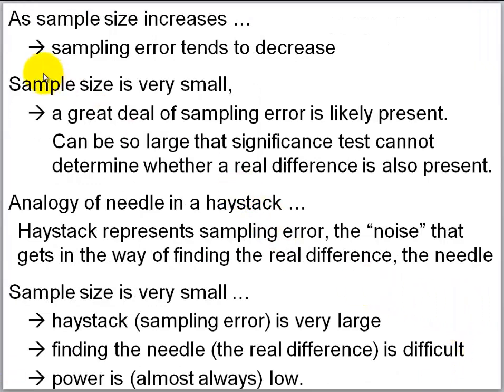Statistical power has a lot to do with sampling error, and as you know, as sample size gets larger and larger, sampling error tends to decrease. Now think about the situation when sample size is very small. In this situation, a great deal of sampling error is likely present.